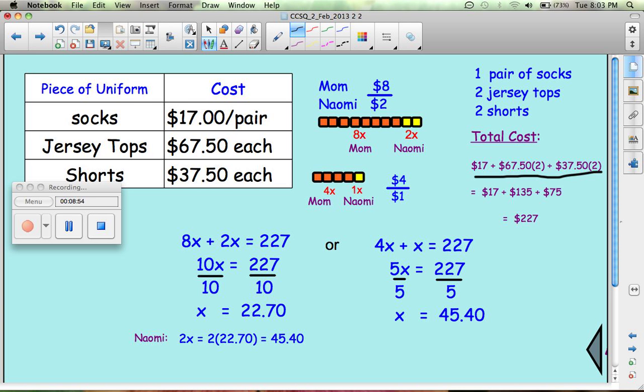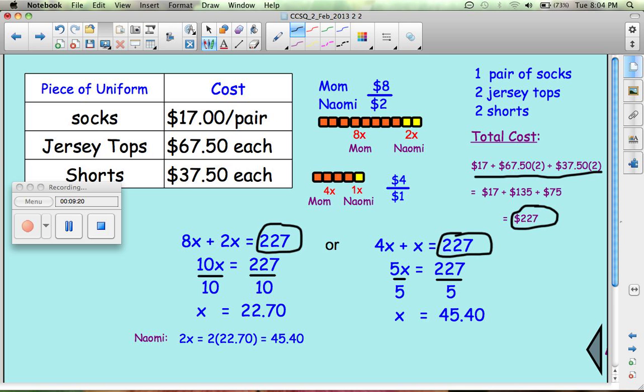I put 17 plus 2 times 67.50, plus 2 times 37.50 in my calculator, and I get 227. That's the total cost. So I'm going to do the same process, only I'm using the actual amount. I'm not estimating, so that I get the actual answer and make sure that's the right multiple choice answer that we think is correct.